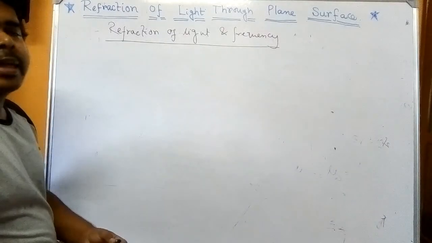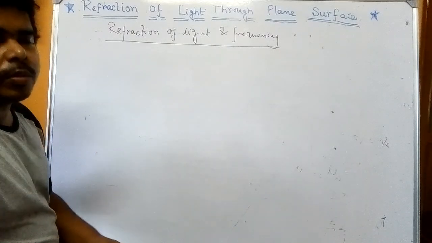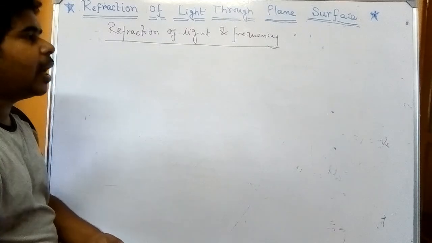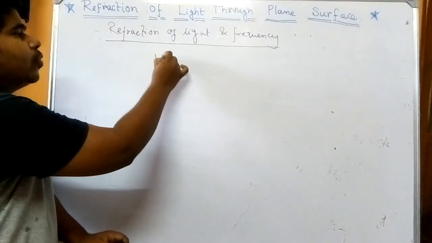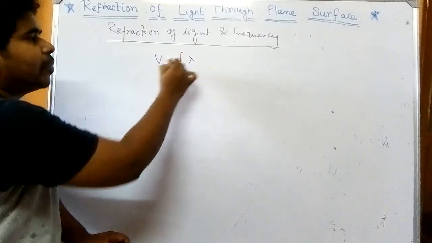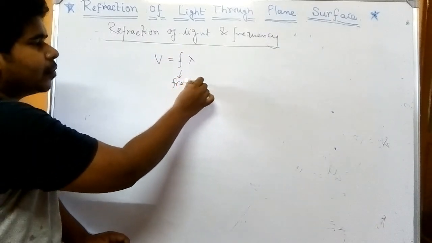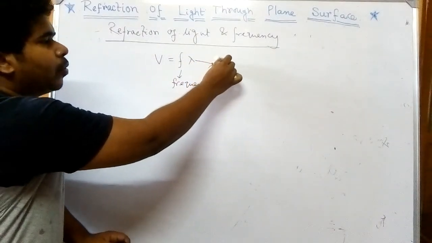Refraction of light and frequency. We all know that the velocity of light depends on two things: v equals f into lambda, where f is frequency and lambda is wavelength.